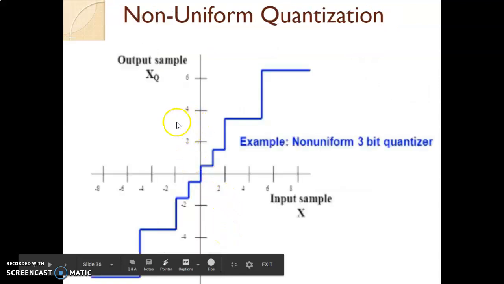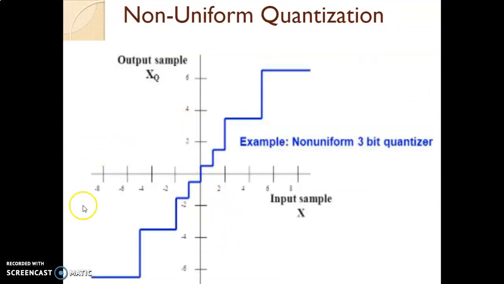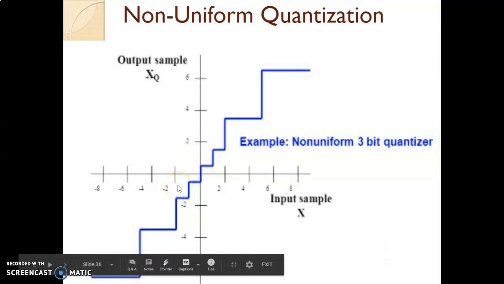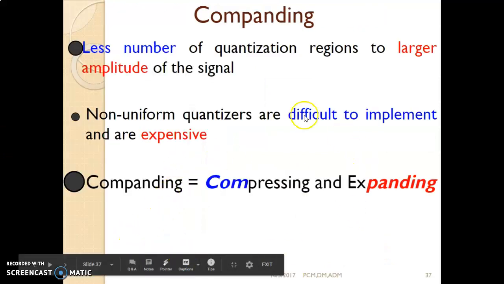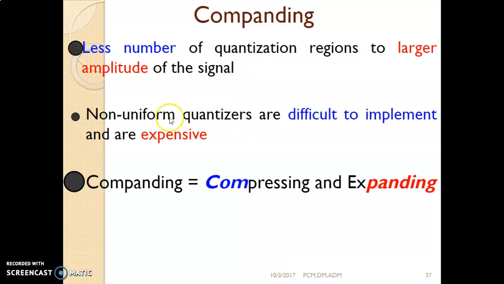So the companding process is similar to non-uniform quantization. Now the question comes: why are we going for companding, why are we not going for non-uniform quantization? The answer is that non-uniform quantizers are very difficult to implement and also they are expensive.